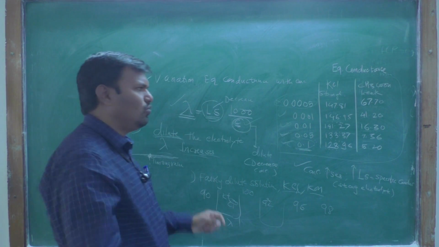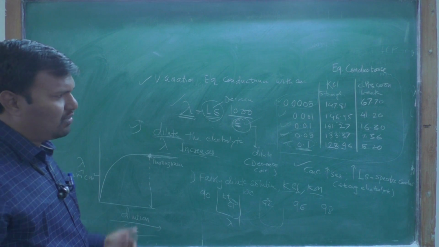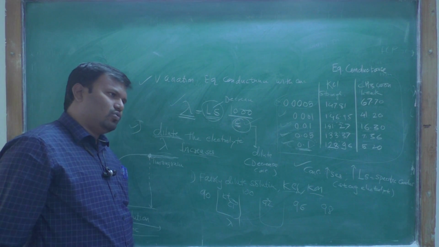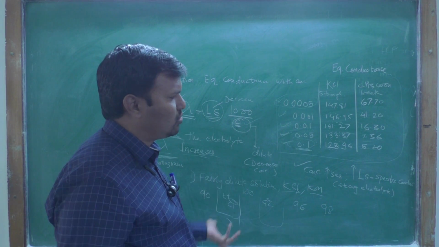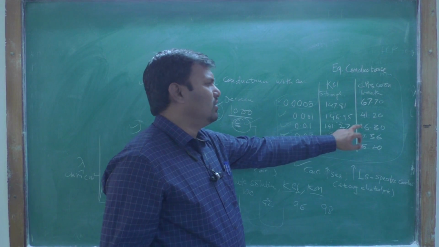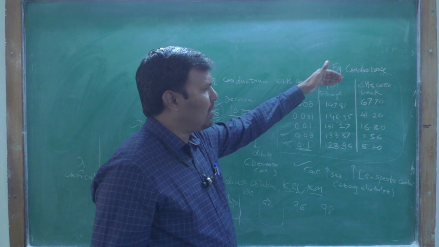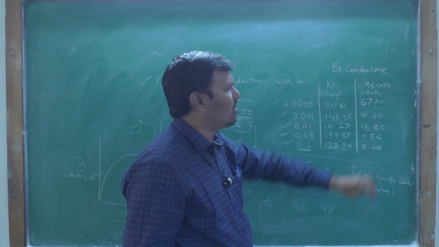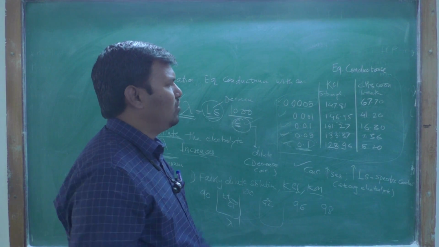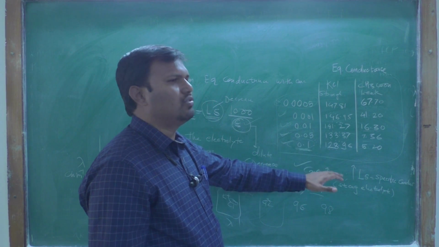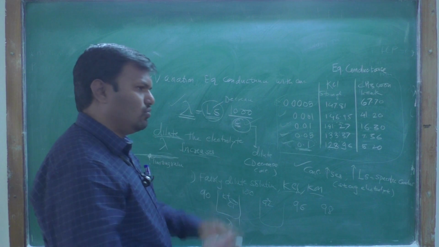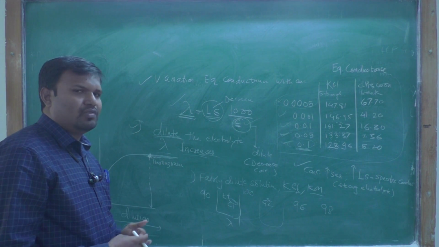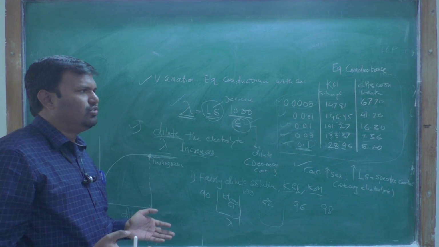Dilution increases means you add more and more water. When you add more and more water, your weak electrolyte dissociates more and more. Therefore, its lambda value goes on increasing. But the strong electrolyte almost dissociates completely, so when you add water and dilute it, only a very negligible or marginal change takes place.